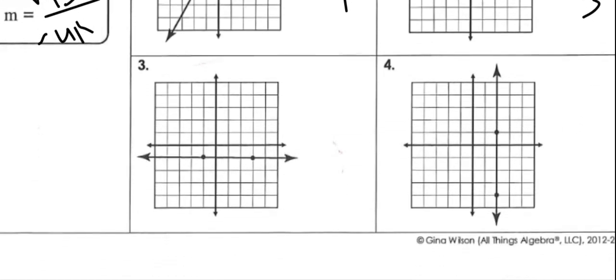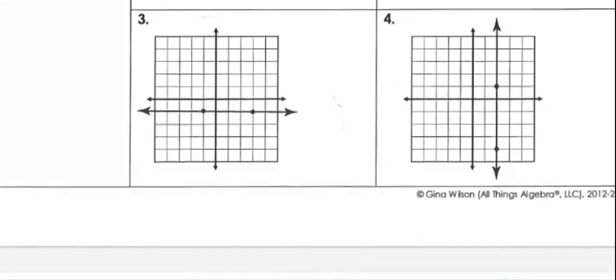Okay, the next one, it's that horizontal line. So that's going to be 0. And I want you to, if you think about it, from that dot to this dot, we're not going up. So that's your rise is 0. And we are going over 4 spaces. And so that's why the slope is 0, because 0 divided by 4 is 0.